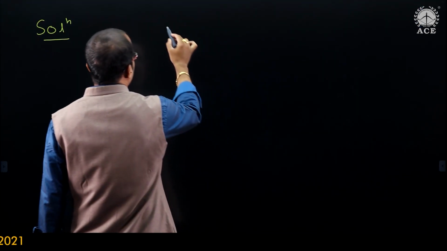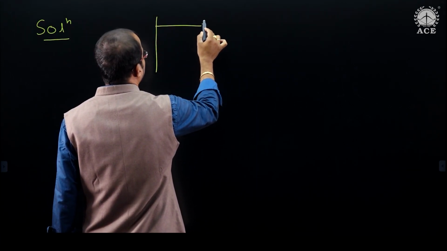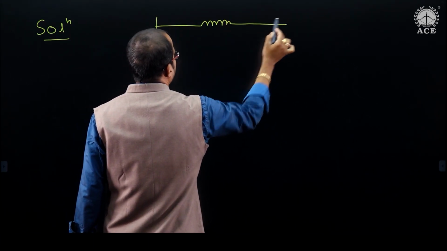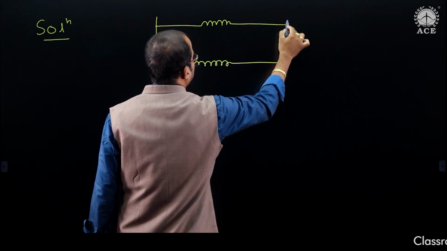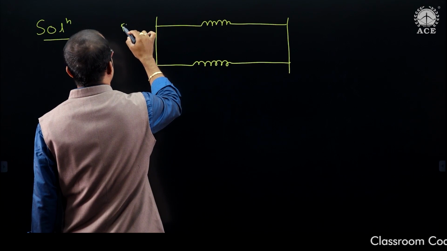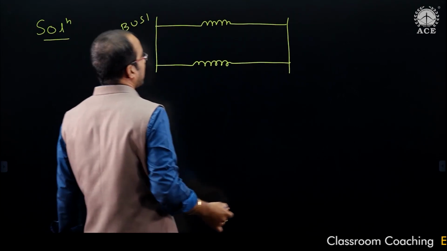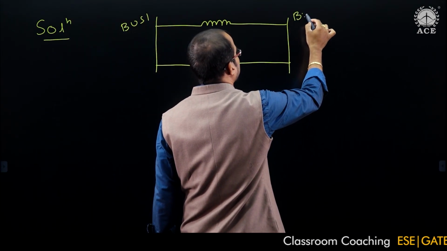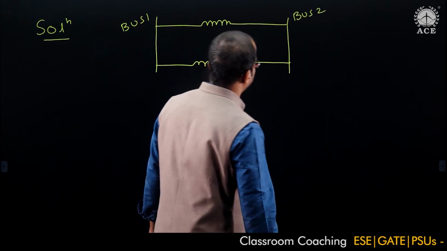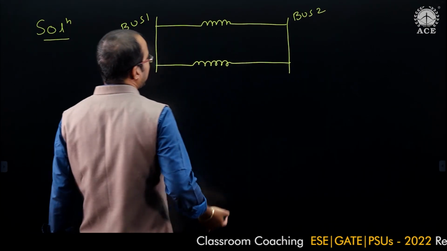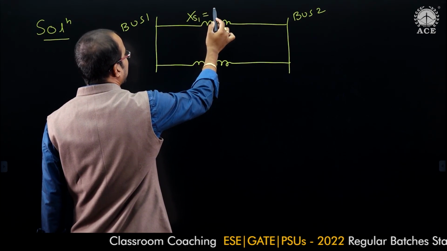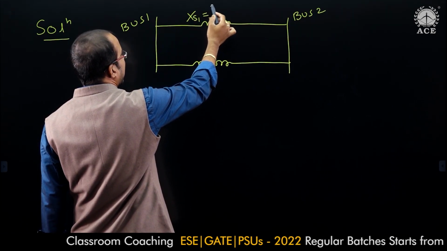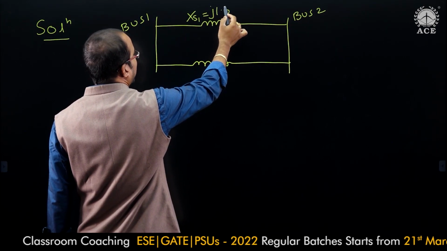Here he has given two lines in parallel. This is bus 1 and this is bus 2.